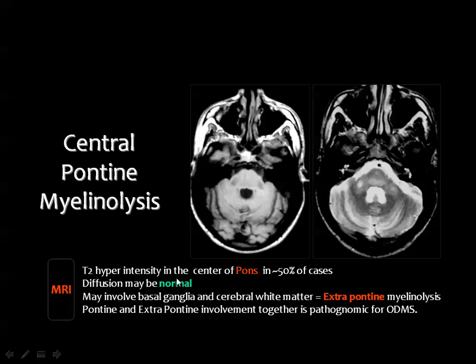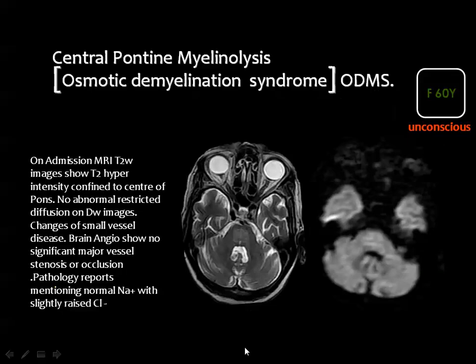Then in the T2 weighted image, you will see lesions central in the pons, and you may see also lesions in the basal ganglia, which is known as extrapontine myelinolysis. And if you perform the diffusion weighted images, there will be free diffusion of these lesions. And this is also a good example of central pontine myelinolysis or osmotic demyelination syndrome in this patient.